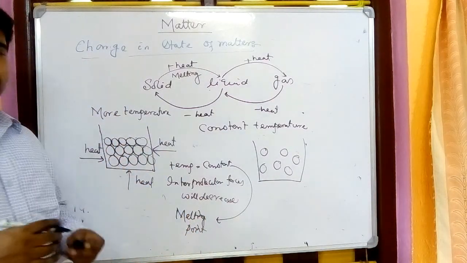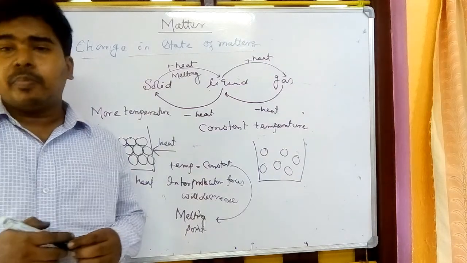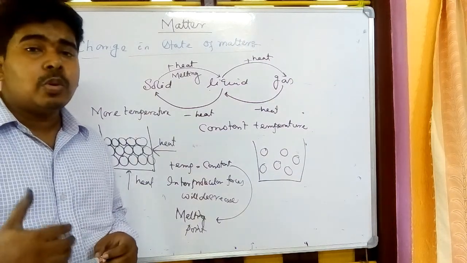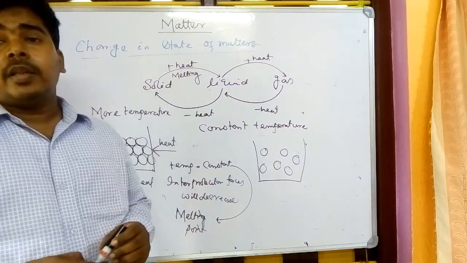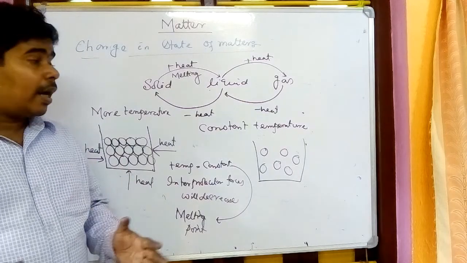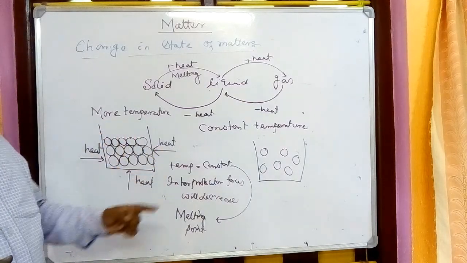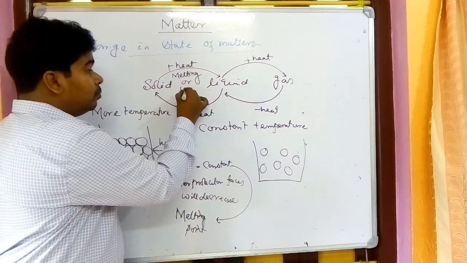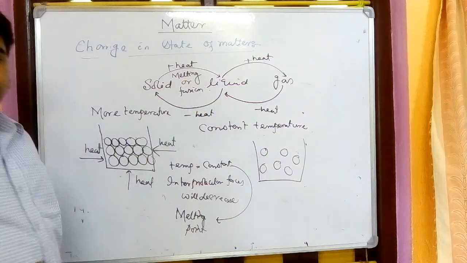So what we have seen is that at constant temperature the solid is converted to liquid when heat energy is given to it, and that procedure is known as melting, or there is another name, fusion.